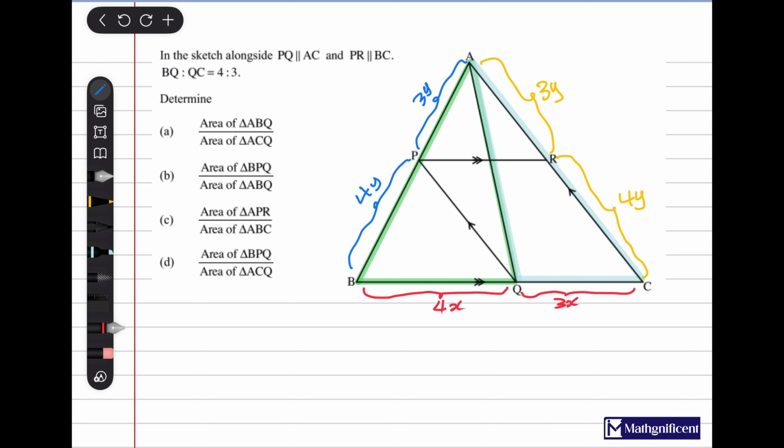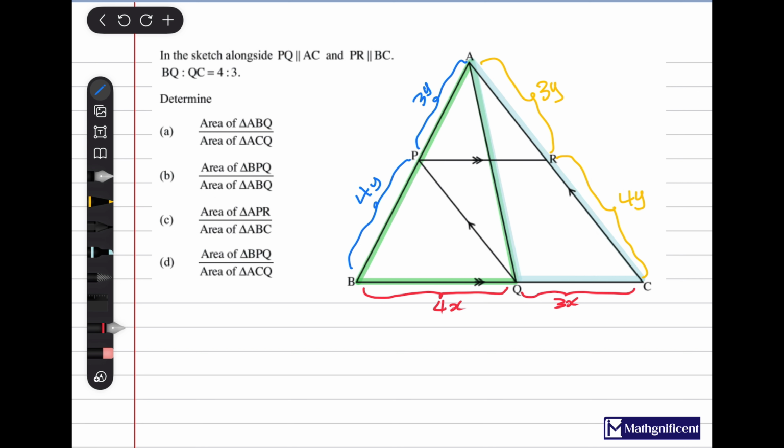The other thing we have to know is that if you have two triangles that share a common angle, and we want to calculate the ratio, we are going to use the sine rule. So now let's have a look at the first part of the video here.